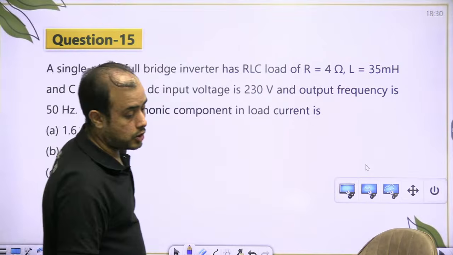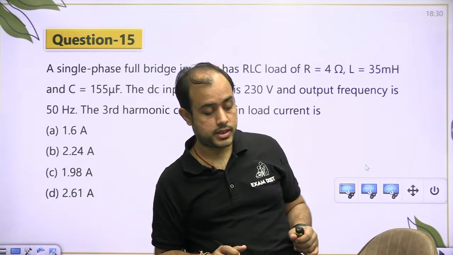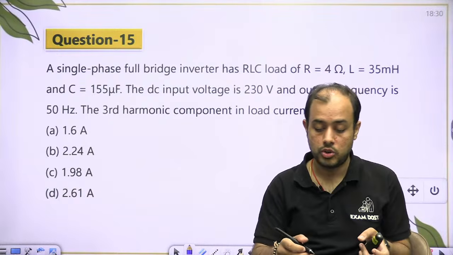A single phase full bridge inverter, DC input voltage, third harmonic component of load current.